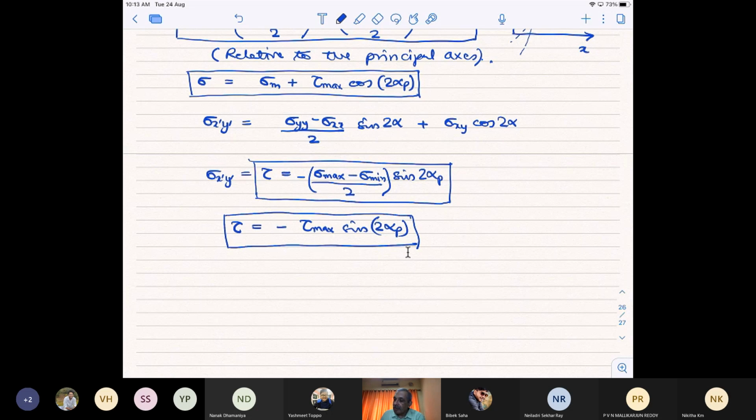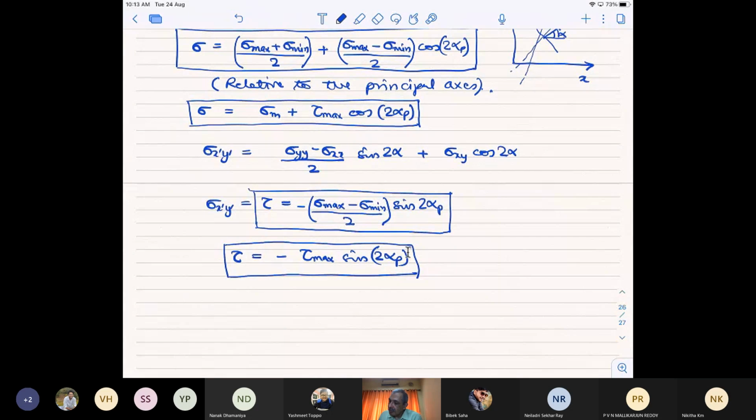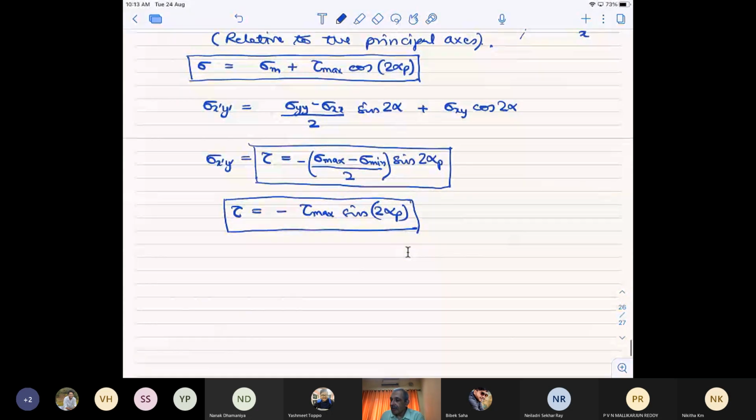So sigma is the normal stress, tau is the shear stress, and alpha p is the angle measured from the principal axis. So when alpha p is equal to 0, tau is equal to 0, and sigma is equal to sigma max, as what we saw from here. So this is just another way of writing it.